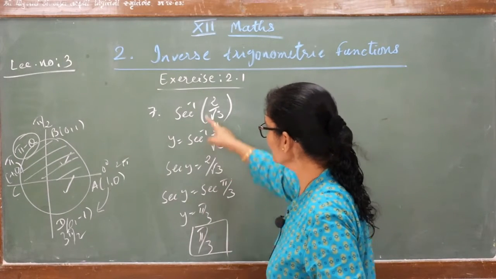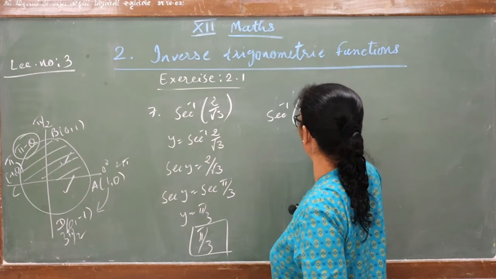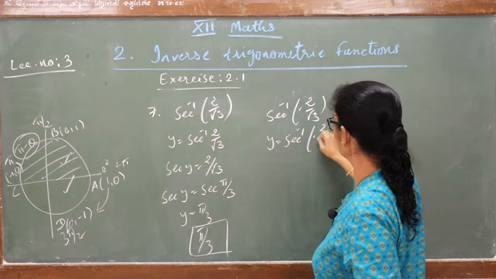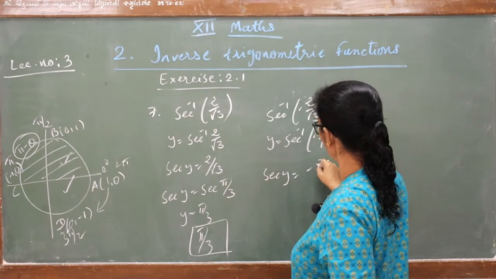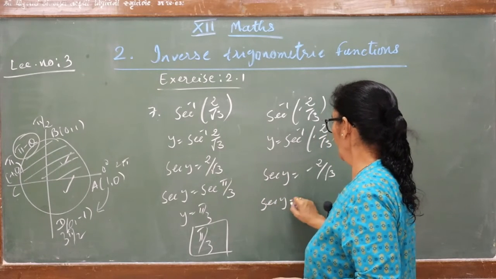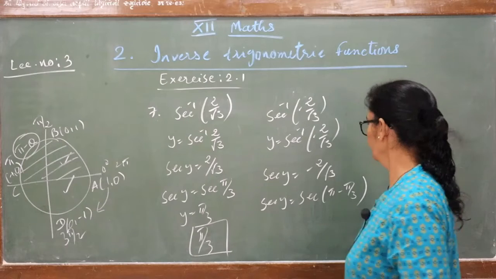But if the sign is minus, then what can you write? Minus 2 by root 3. So y equal to sec inverse minus 2 by root 3. Sec y equal to minus 2 by root 3. So we can write sec y equal to sec of pi minus pi by 3.